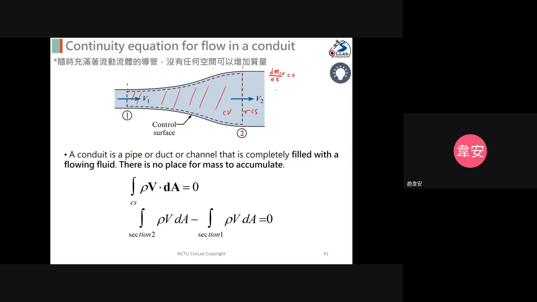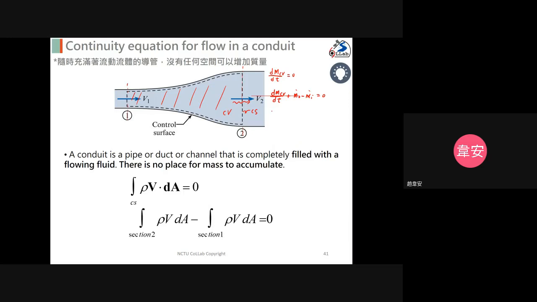As we remember, based on continuity, the formula is dm_cv/dt plus m out rate minus m in rate equals zero. When we write down the formula shown here, it is based on the flow being uniform, and the fluid flow direction always parallel to the normal vector of the cross-section area.